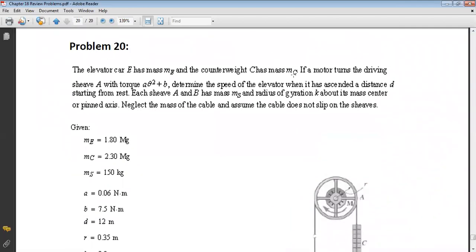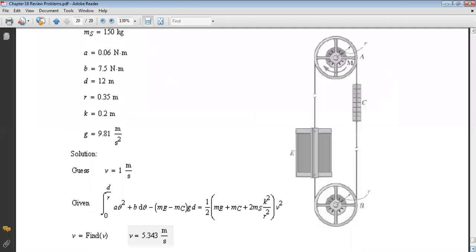Elevator has... Okay, so here, they consider rotational energy, but look at the way they wrote it: this term is for the rotational energy.